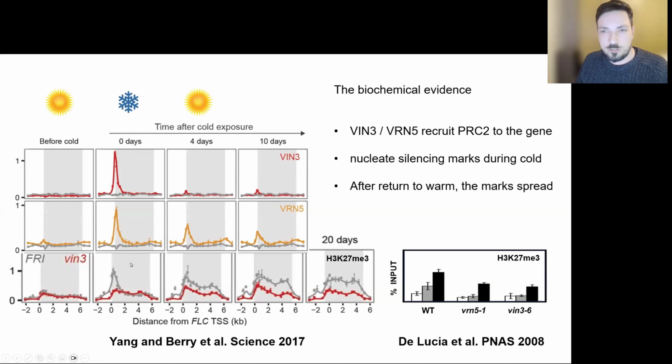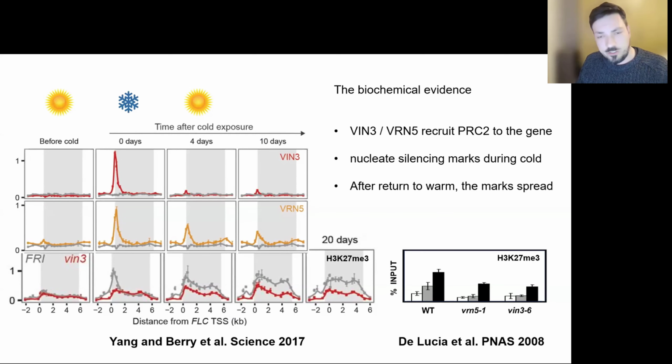They recruit Polycomb to the gene, and then they cause these silencing markers to spread across the gene as a function of cold exposure. And then that silencing state sets in and persists after return to warm. So this is a really good set of candidates to look at.